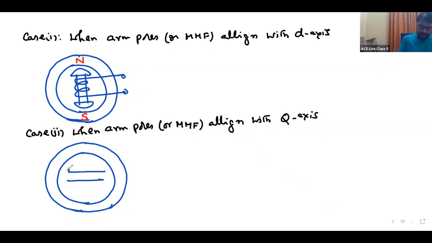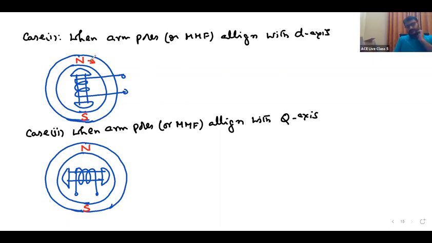So poles are aligned with, this is north pole, say south pole, align with quadrature axis. These poles are rotating continuously.